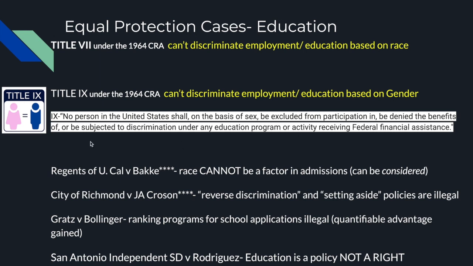So the relevant bit of text in Title IX: no person in the United States shall, on the basis of sex, be excluded from participation in, be denied the benefits of, or be subjected to discrimination under any education program or activity receiving federal financial assistance. And because every public school in the country is taking some form of federal money based on grants, there you go.